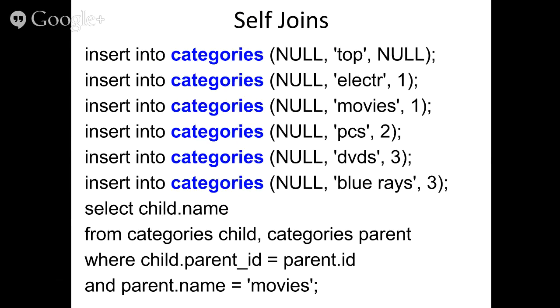They both happen to be from the categories table, where the child's parent ID matches the parent's ID, and I want to know where the parent's name is movies. So this would return the children DVDs and Blu-rays. It would tell me that hierarchy.